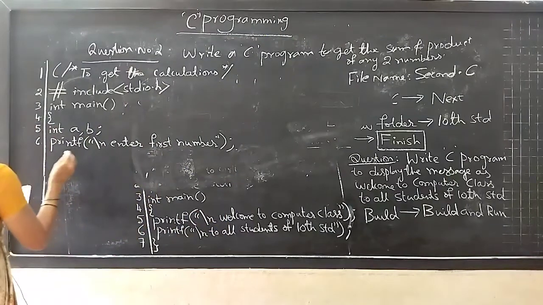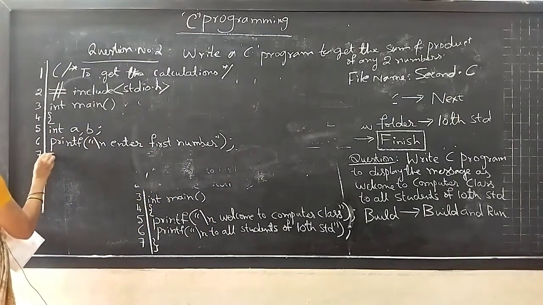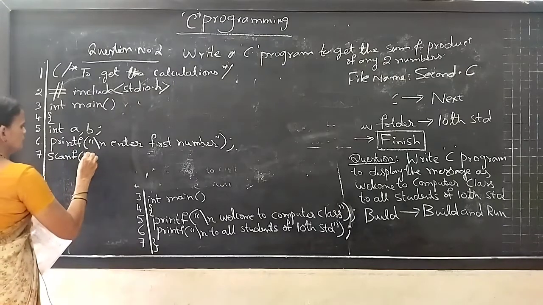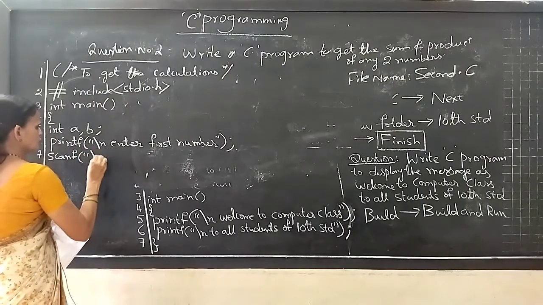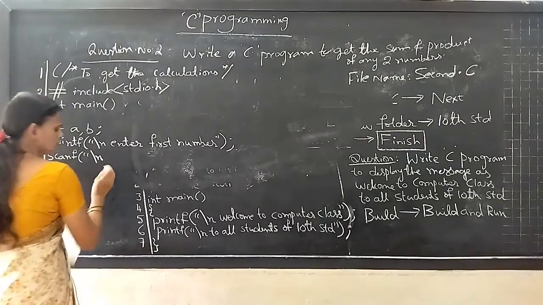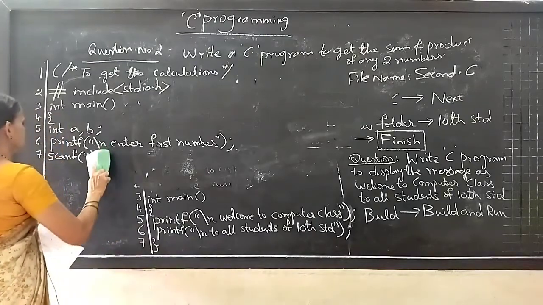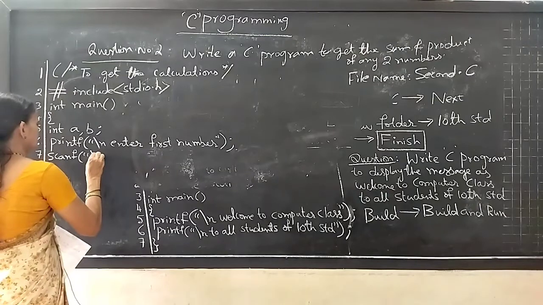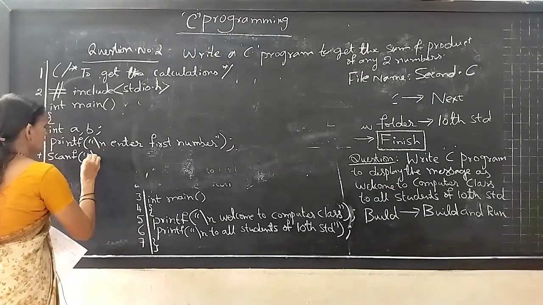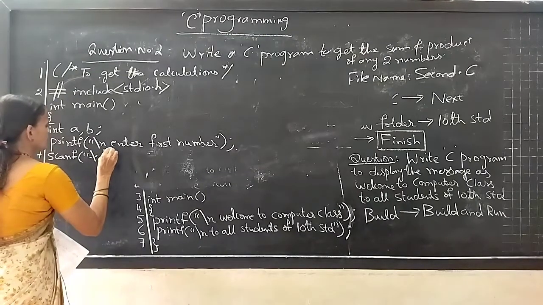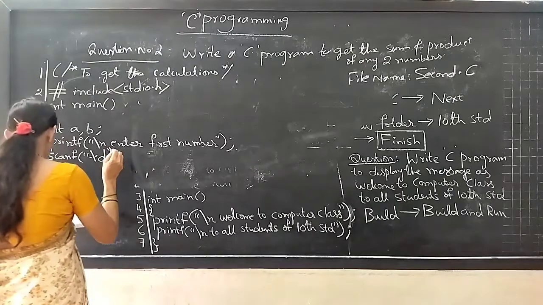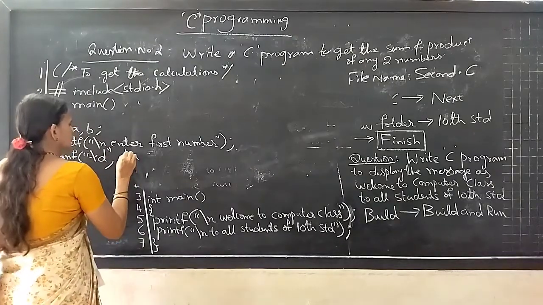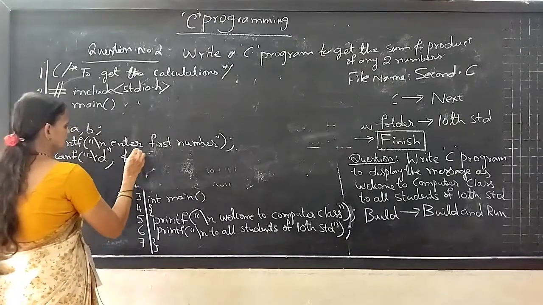Then you have to write scanf, and use percentage symbol d in double quotes, comma, and then ampersand a. All these symbols are there on the keyboard.